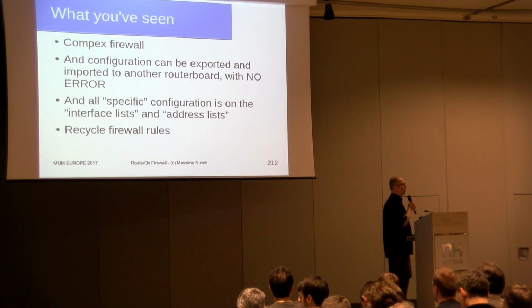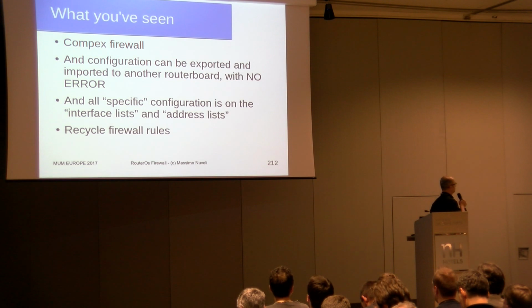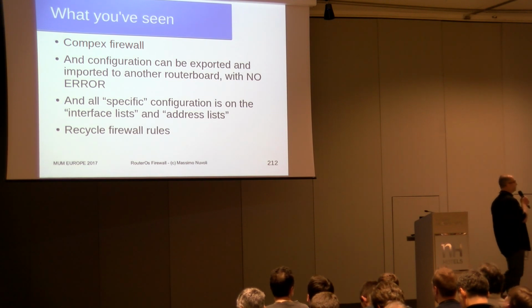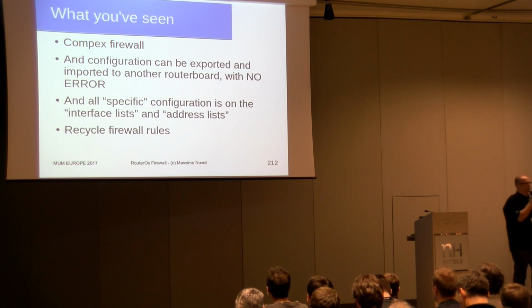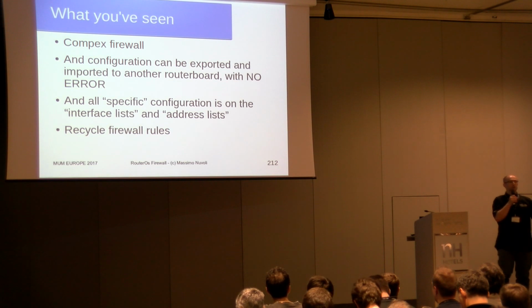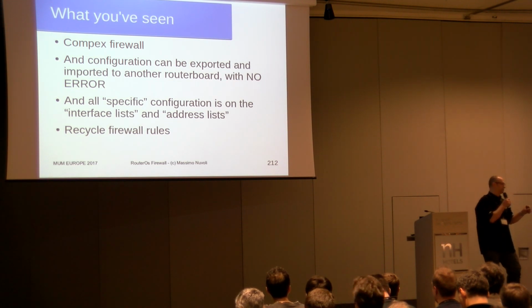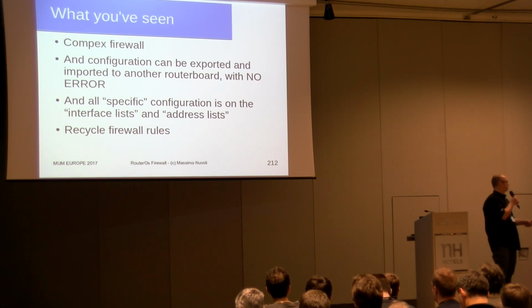Just to look forward, we go to the last slide. This is the end of the presentation. This is the focus: complex firewall, the second example. The configuration can be exported and imported to another RouterBoard with no error. This is a goal, to maintain a number of devices, more than one.